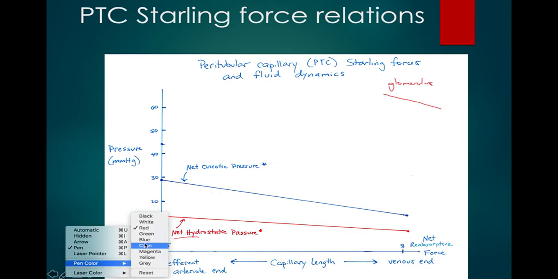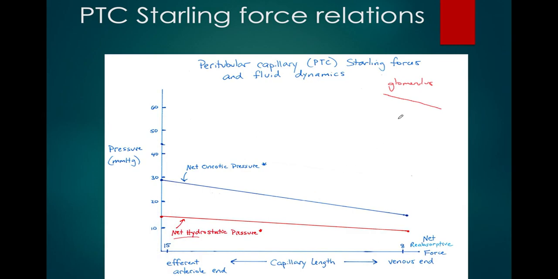Because the net hydrostatic pressure is dominant, you're filtering. Because you're filtering, you're concentrating your blood proteins, so their concentration is going to rise. And so that's your net oncotic pressure. I should have written it down here while I had the red.